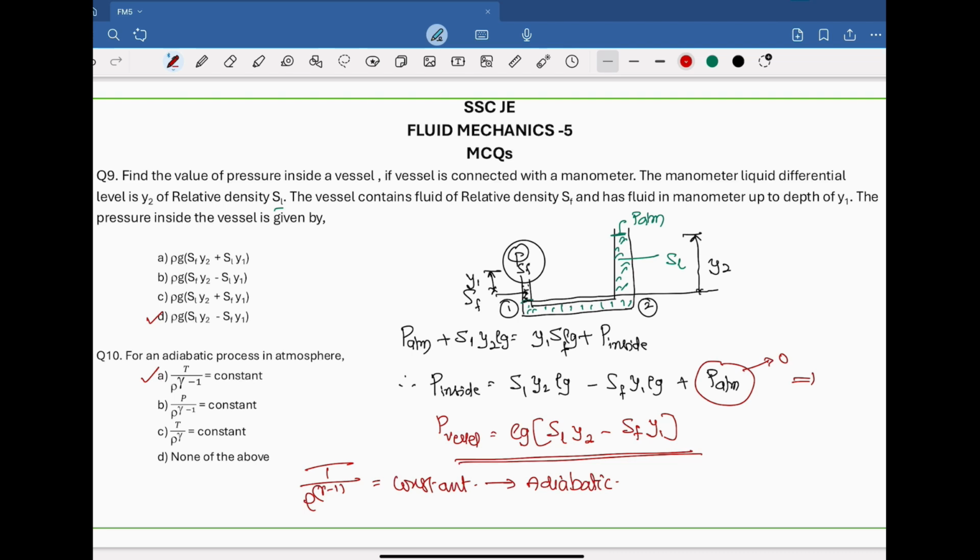And we have discussed the isothermal process also.